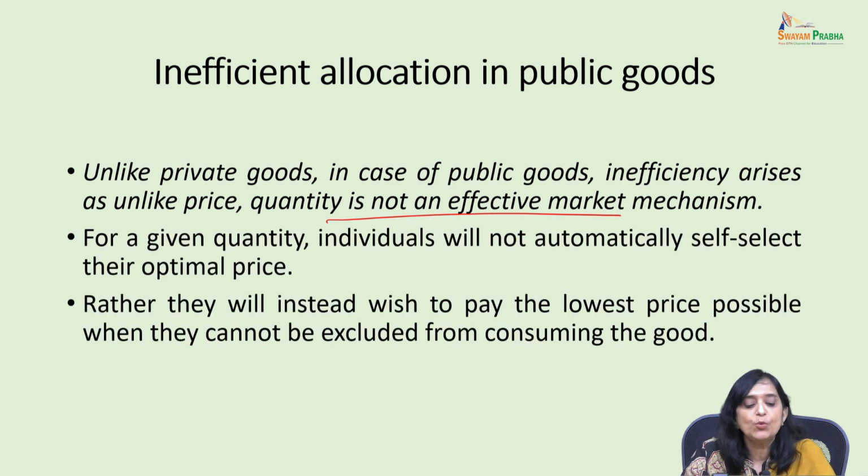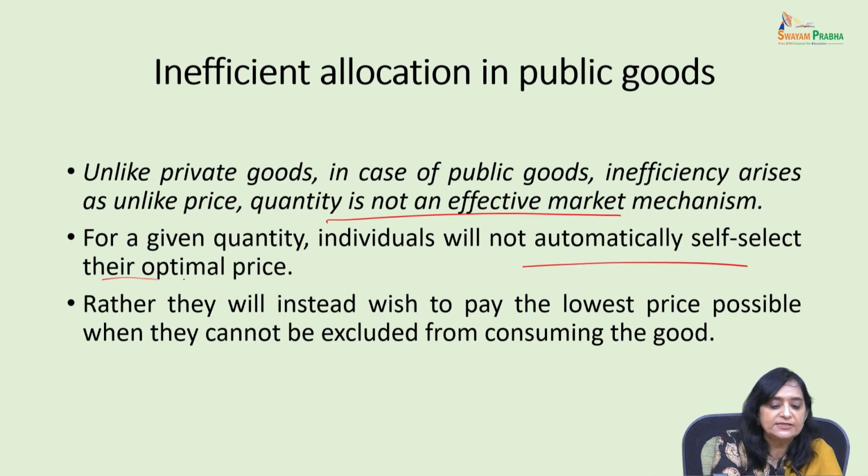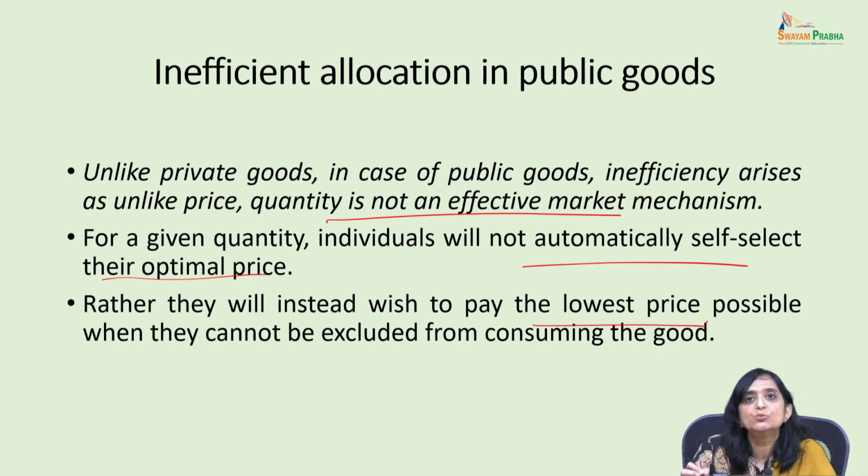So, for a given quantity, individuals will not automatically self-select their optimal price, as in, I am selling you this quantity, tell me how much you are going to be priced. Rather, they will try to pay the lowest price possible, because they cannot be excluded from consuming that good. Right? In case of a private good, I am asking how much price you are willing to pay, and at this price, how much quantity you are demanding.